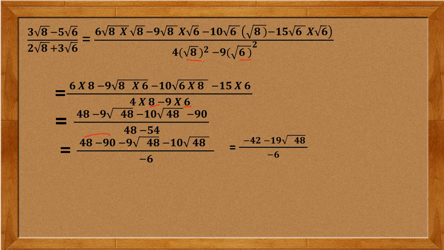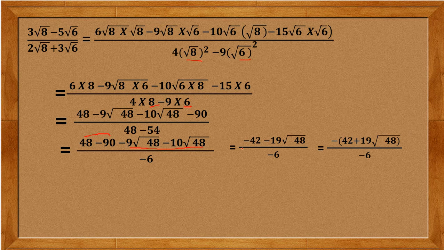Similarly, these two quantities have the same irrational number, root 48, so we can combine them. So minus 9 and minus 10 becomes minus 19, and the square root quantity is the same irrational number, root 48. Minus 42 and minus 19 square root 48, in both the terms they are negative, so we can take the minus sign common. So we get minus 42 plus 19 square root of 48 upon minus 6.